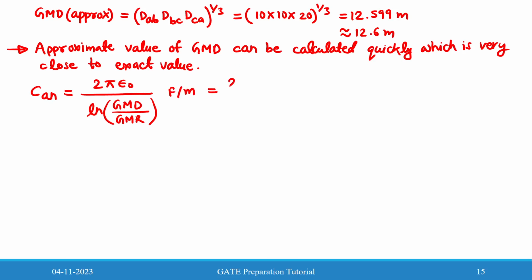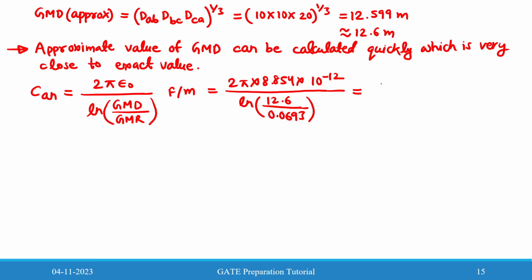So it will be 2 pi into 8.854 into 10 to the power minus 12 divided by ln, where GMD is 12.6 and GMR we have found as 0.0693. Anyone got this capacitance value? This will be 10.692 into 10 to the power minus 12 farad per meter.